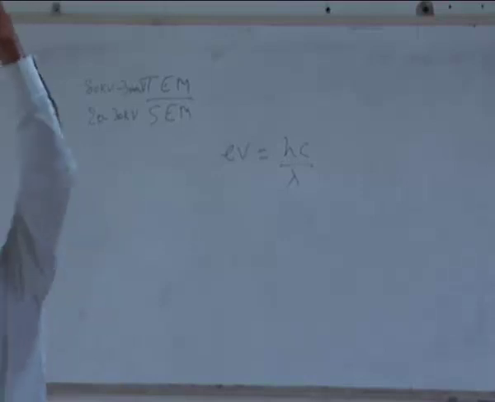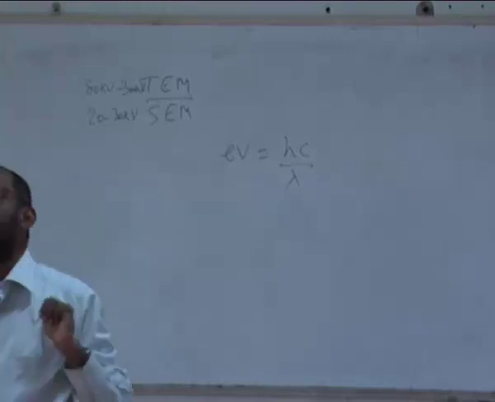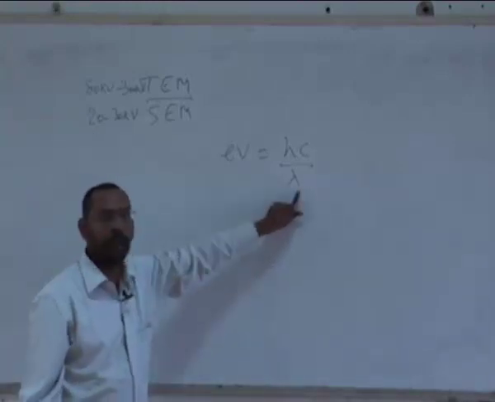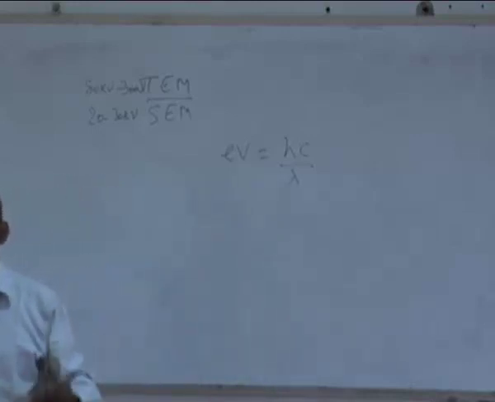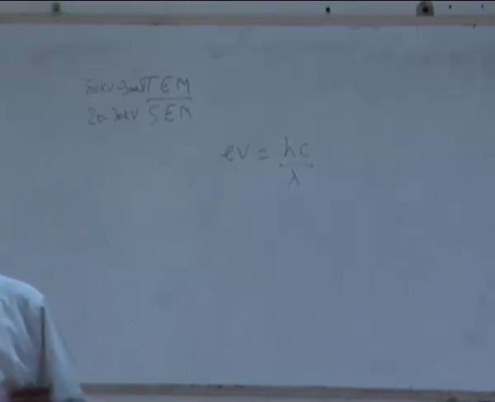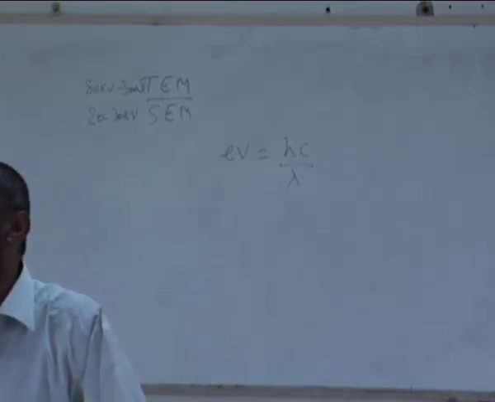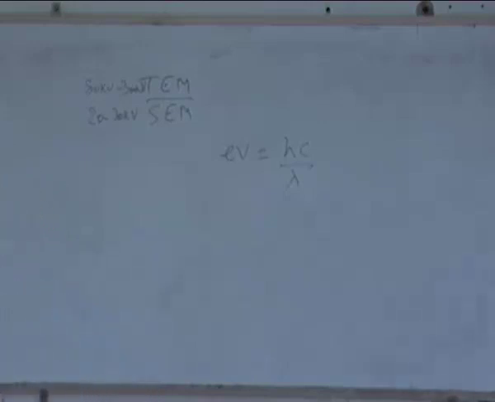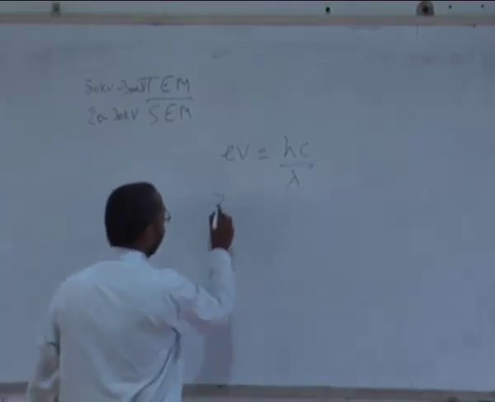Once you generate them, you allow them to go through the sample, and the voltage that I use decides the lambda. If I want better and better resolution, I should have a smaller and smaller lambda, was the original knowledge that people had. As a result, people even went up to 3000 kV microscopes.